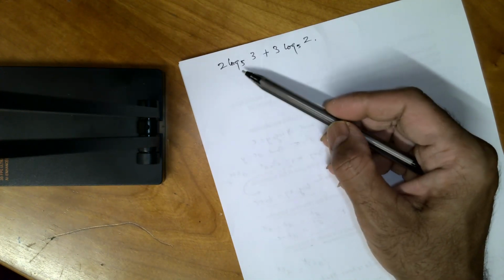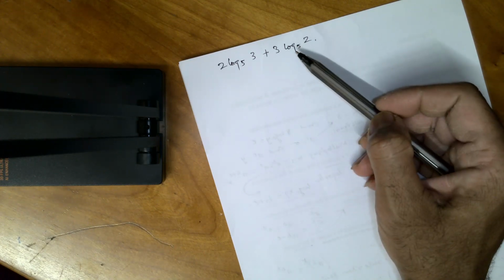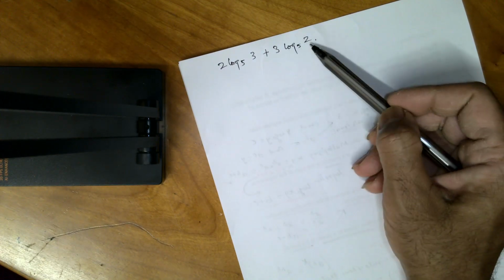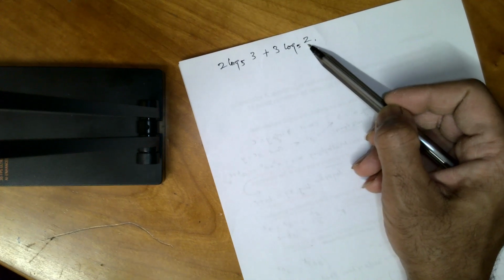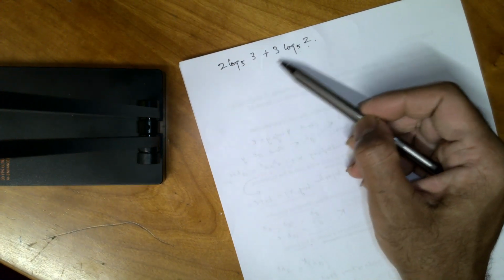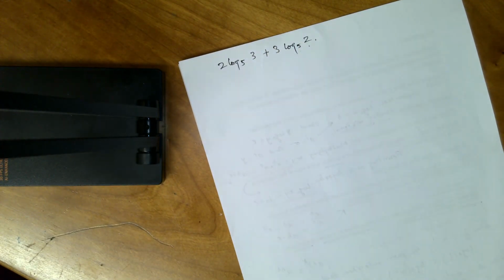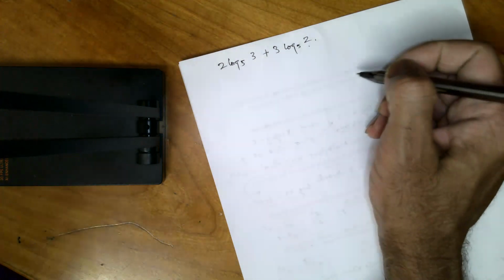Whichever you want to say. So 3 multiplied by logarithm of 2 with base 5, or sometimes I say base 5 and then the number. So please don't get confused with that. But if you want me to do it this way, I can do that way as well. So let's move on to this one.